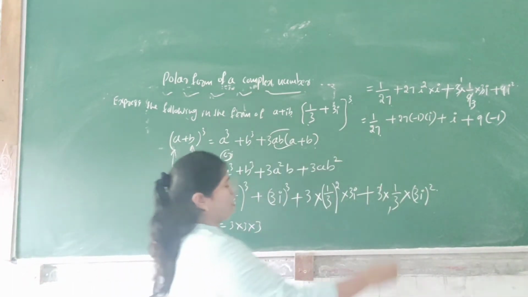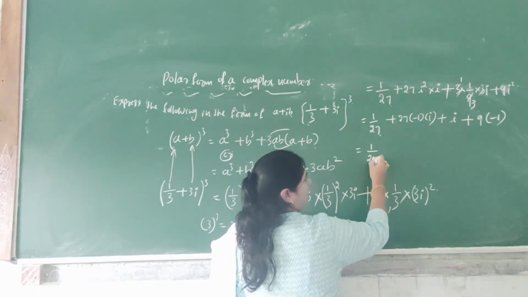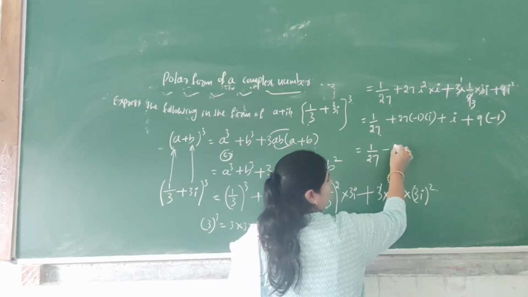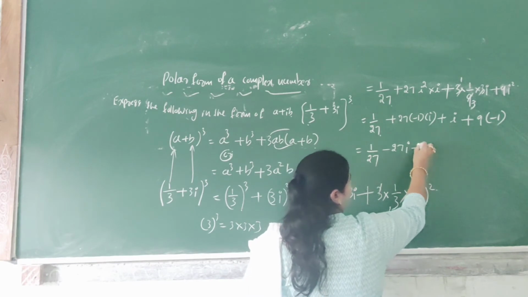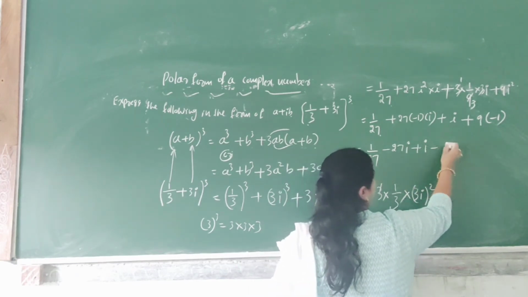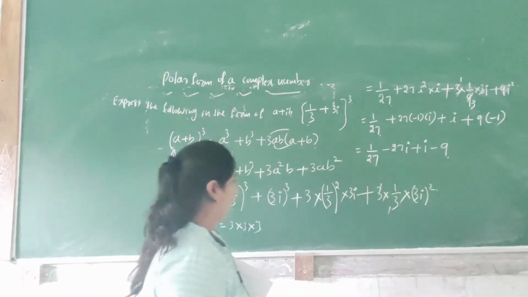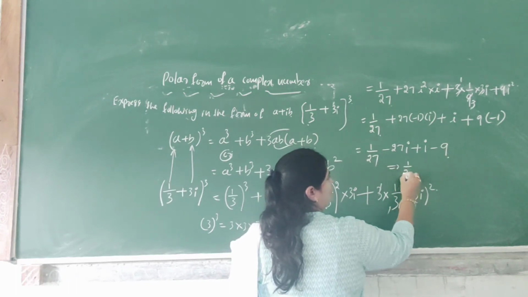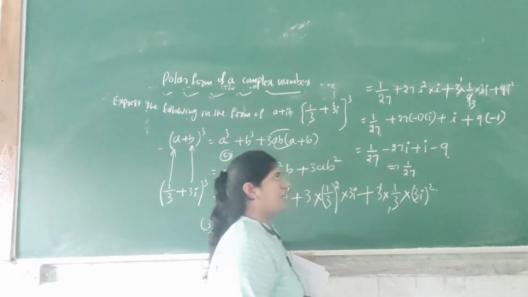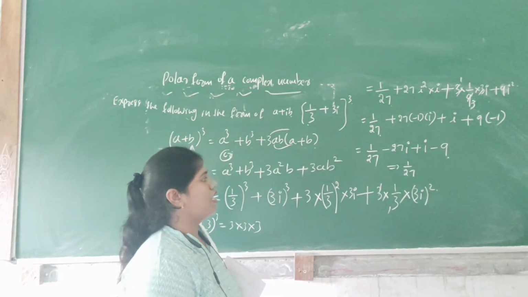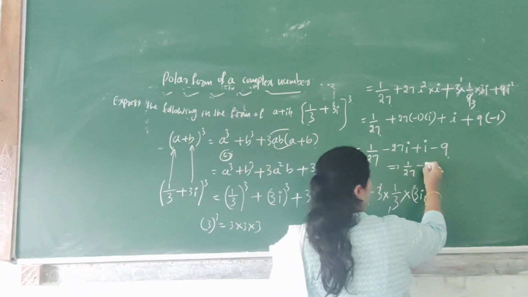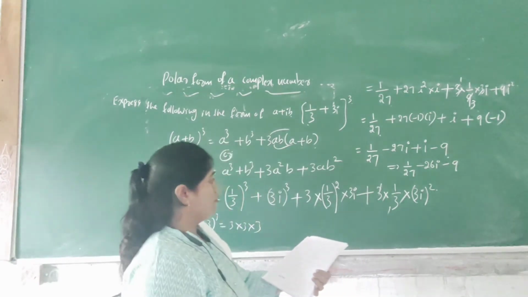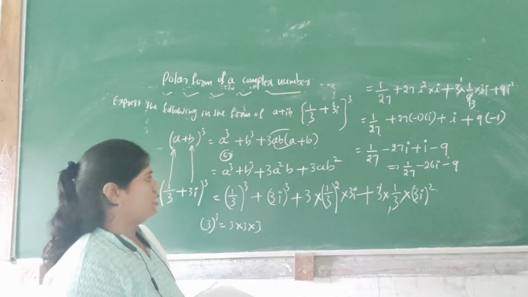Okay? Which is equal to 1/27 plus 27 into minus 1 into i is minus 27i, plus i, plus 9 into minus 1, that is minus 9. So 1/27 minus 27i plus i, minus 9. That gives 1/27 minus 26i minus 9.